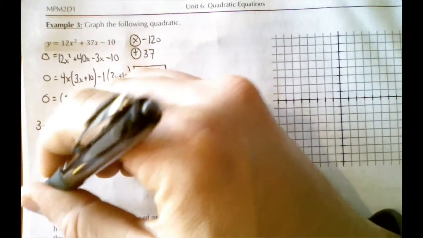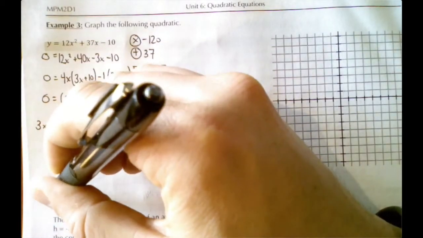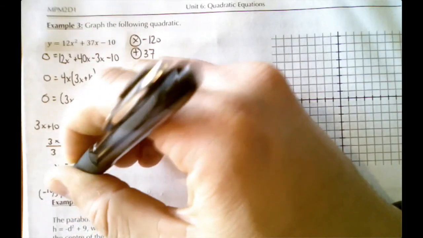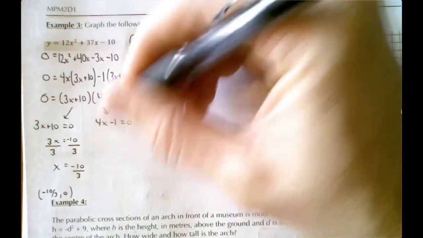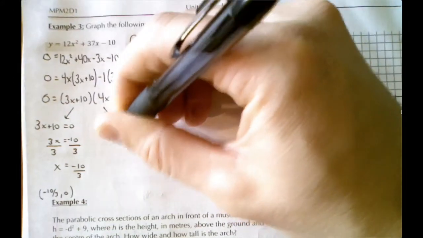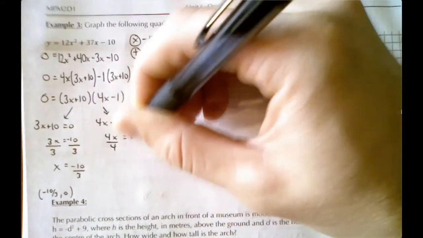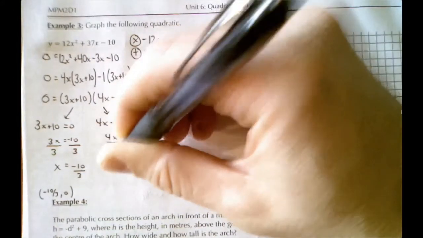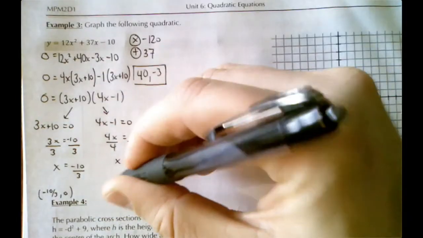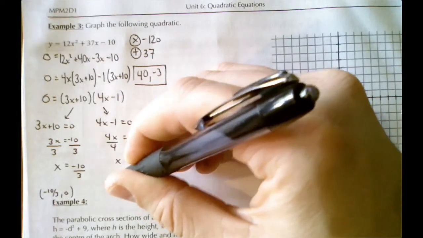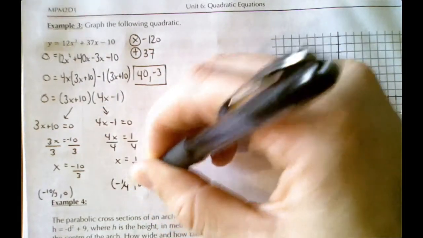So our first x-intercept is negative 10 over 3, 0. And our next one, move the 1 over, 4x equals 1, divide by 4. We end up with 1/4. So our other x-intercept is 1/4, 0.